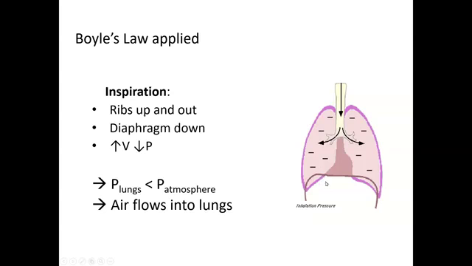If we contract, the diaphragm pulls down, and that expands the volume of our chest, and therefore the volume of the lungs. So increased volume means we've got a decreased pressure in the lungs compared to the outside air, and that will get the air to move in.